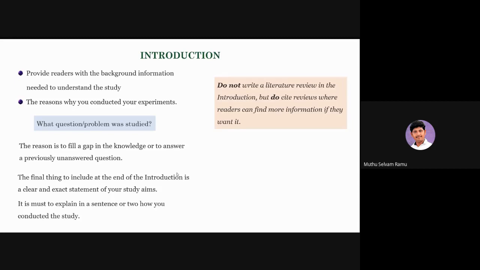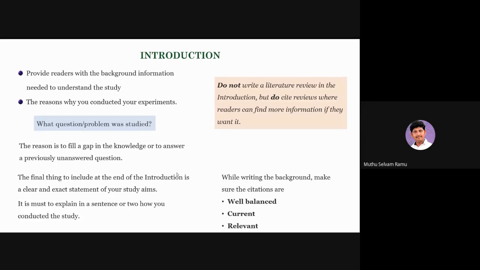So what we are proposing, and how we are going to justify that particular question with the experiment, should be explained at the end of the introduction. It is a must to explain that in a few sentences, not a big paragraph. It should be in about 5 lines.